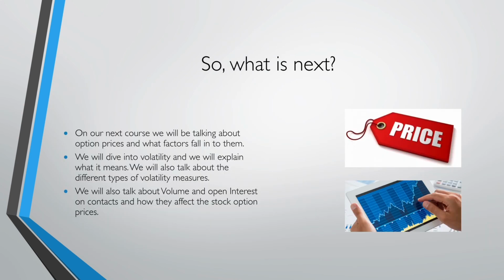All right, so what is next? In our next course, we will be talking about option prices and what factors go into them. Guys, if you're going to watch any course that I put out, this is going to be the one.